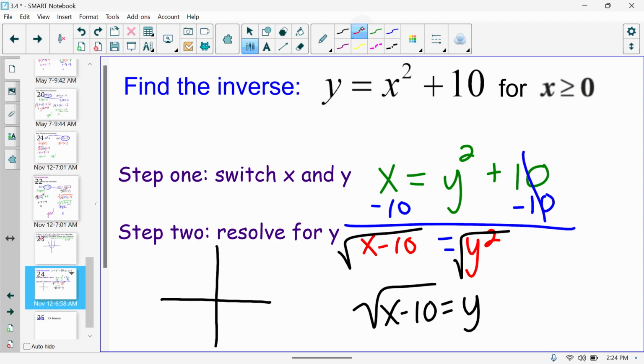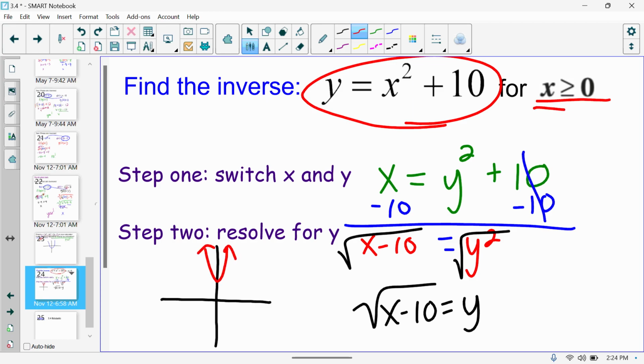So here's the thing, okay? If I graph this in y1 in my calculator, it's going to look like this normally, okay? But because it says x has to be greater than or equal to 0, that kind of means like we get rid of this side of the graph because the x's are negative over there.